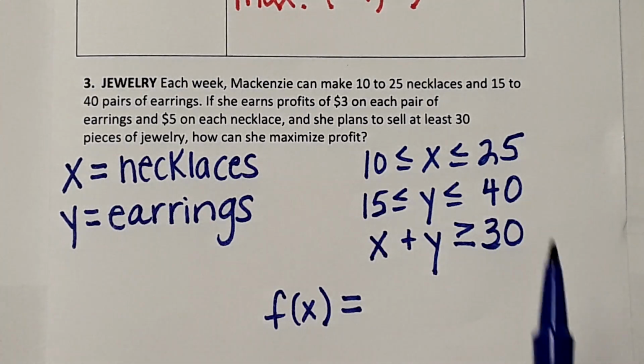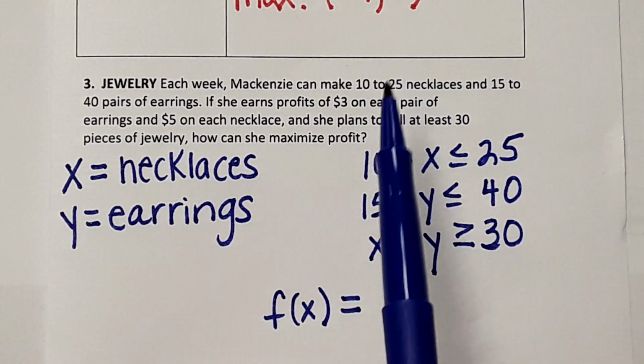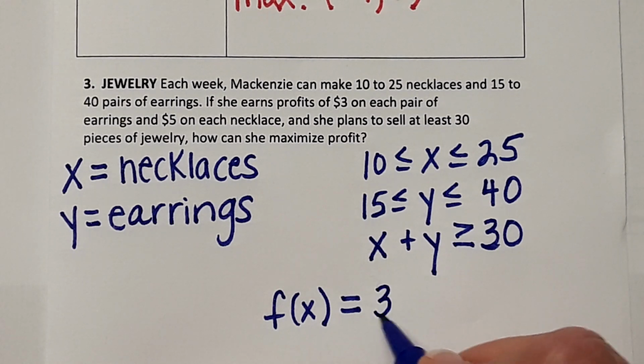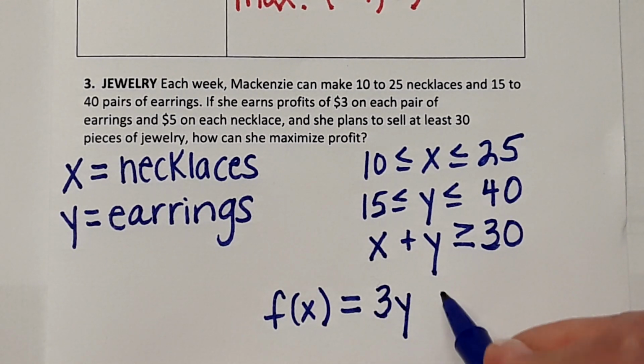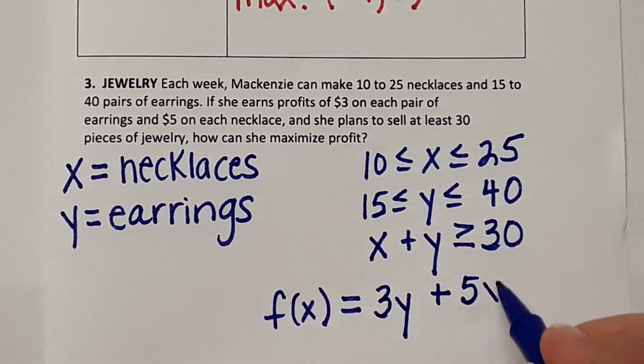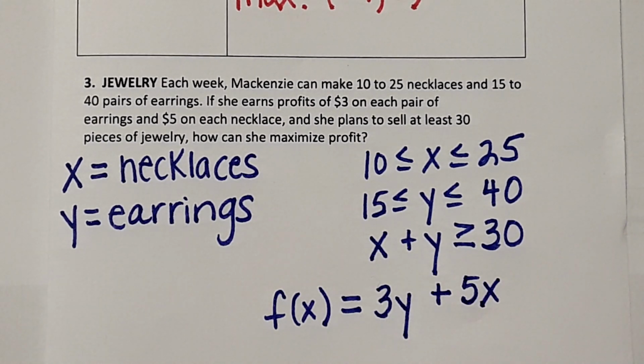For earrings, she can make $3. So that would be 3Y, correct? And how much does she make per necklace? Okay, do you guys see how that profit equation gives you your max point and it will give you your min point.